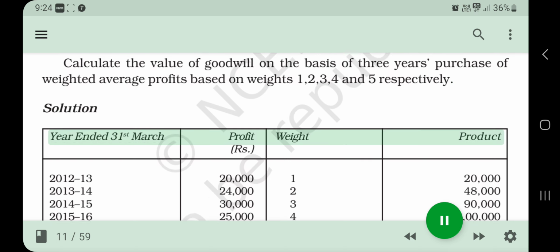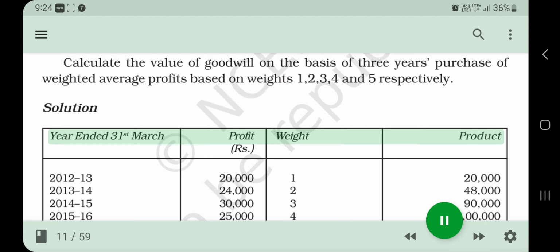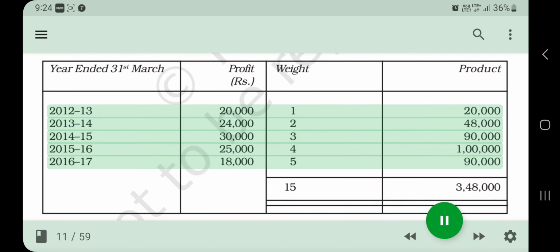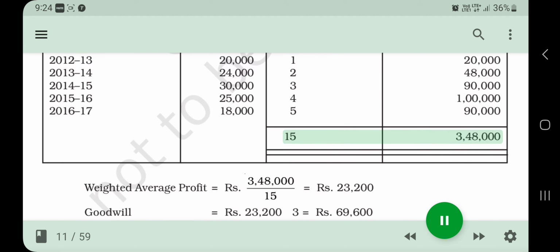Solution. Year ended the 31st of March. Profit, weight, product, Rs. 2012-13, 20,000, 1, 20,000; 2013-14, 24,000, 2, 48,000; 2014-15, 30,000, 3, 90,000; 2015-16, 25,000, 4, 100,000; 2016-17, 18,000, 5, 90,000. Total of weights 15, total of products 348,000.